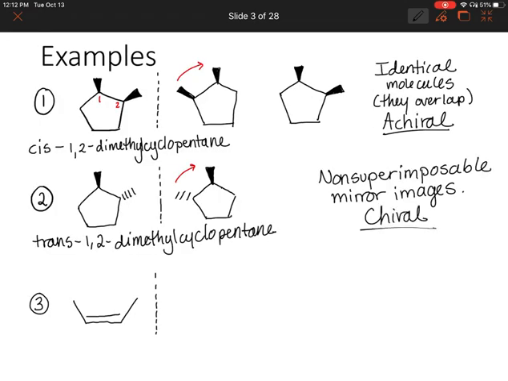All right. Now for the last molecule, let's draw the mirror image. Are these superimposable or non-superimposable? Superimposable. In fact, they're identical, right?